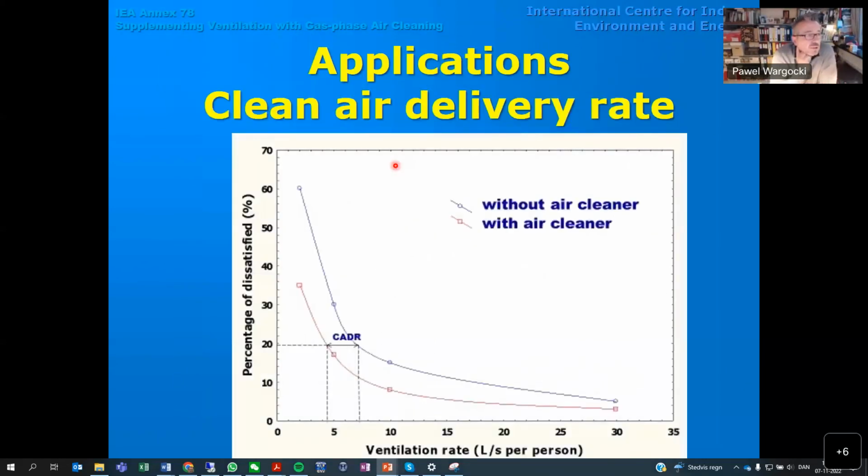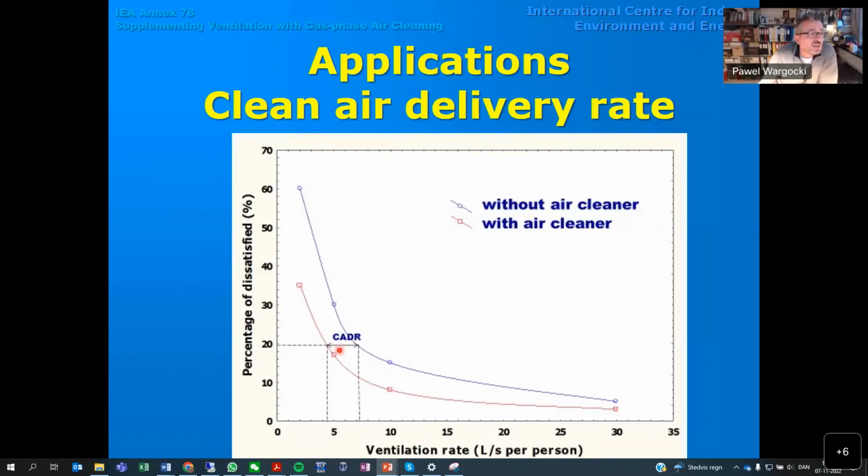So just to complete, I give you 2 examples, and Van Leer, who will be speaking just after me, will show you the actual application of this. Bjarne has already shown you this graph, and I will not spend much time on it, but basically using the sensory perception or sensory evaluations, we can develop the so-called dose-response relationships, showing how the air quality is changing with the changes in ventilation rate, and that can be done with and without an air cleaner in the space.